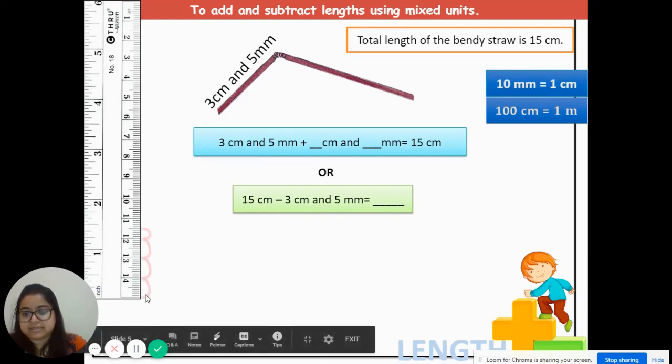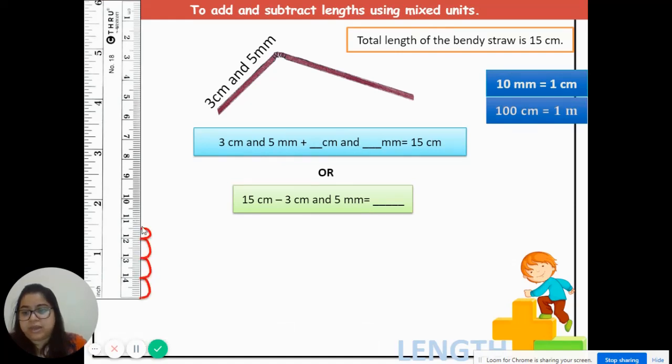Something like this. Alright. When we take these jumps, we come to know that our answer is 11 centimeters and 5 millimeters. So the length of this side of the straw is 11 centimeters and 5 millimeters.